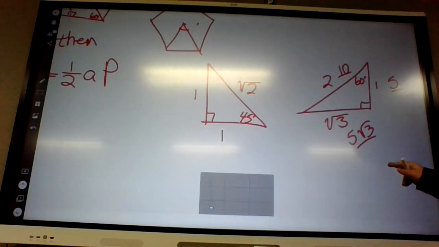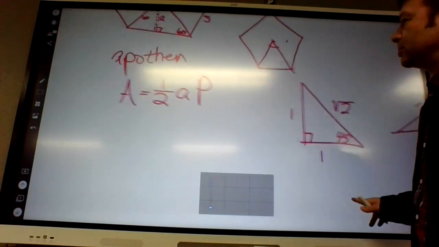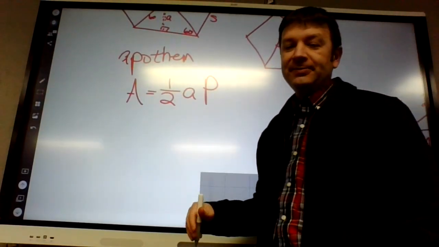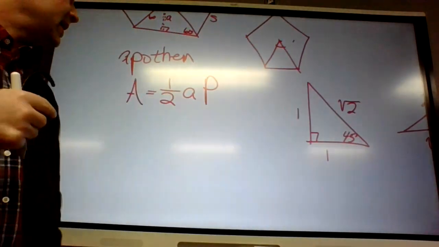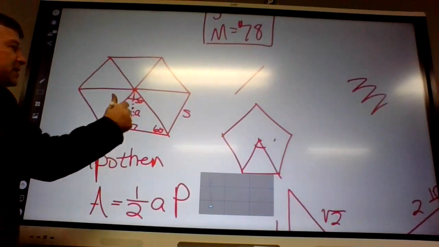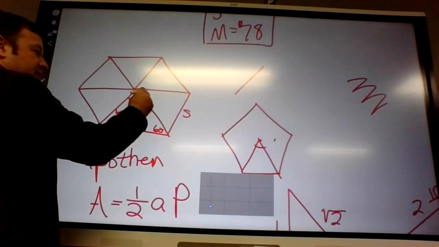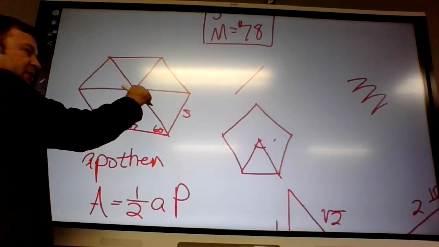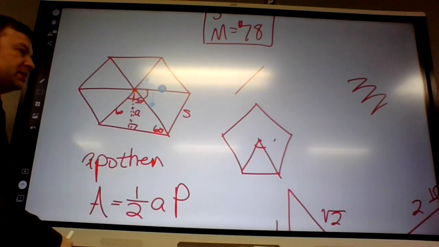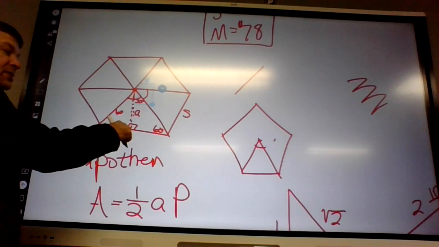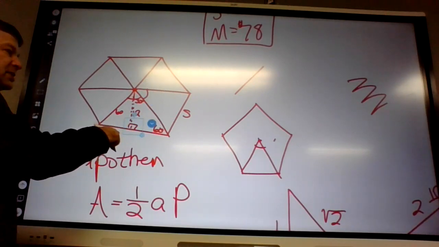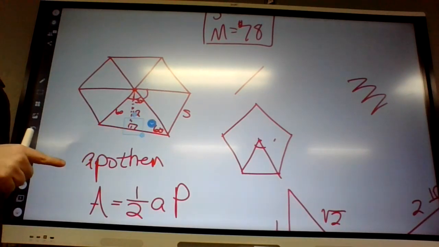Okay, anyways, back over here. Okay, a few definitions. They call each of these a central angle. So we found the central angle on the hexagon to be 60. This dotted line that's like the height of one of the triangles is called the apothem. I mentioned that. What else?